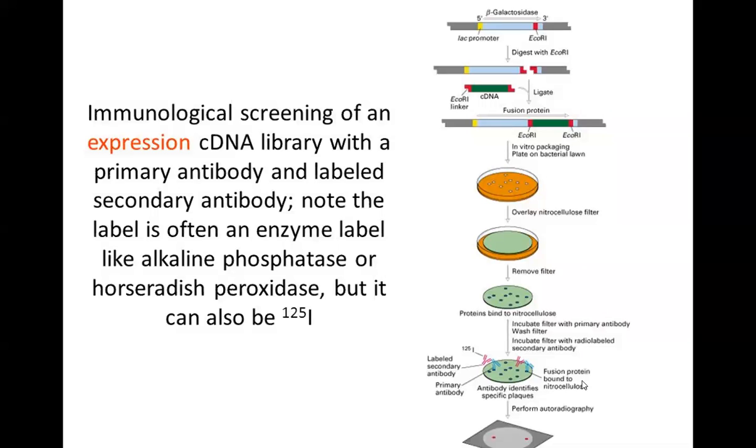Since the secondary antibody is radioactively labeled, you can expose it to the X-ray film and detect the presence of these colonies, I mean the plaques containing your recombinant DNA. So this is immunological screening.